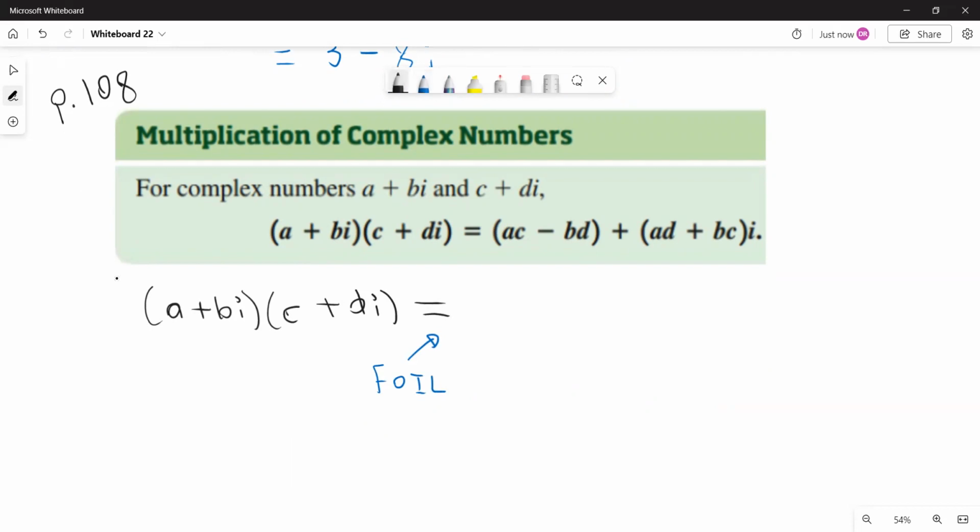So the product of the first ones is ac. The product of the outer numbers is adi. The product of the inner numbers is bci. And the product of the last terms is bd i squared. But i squared is negative 1.